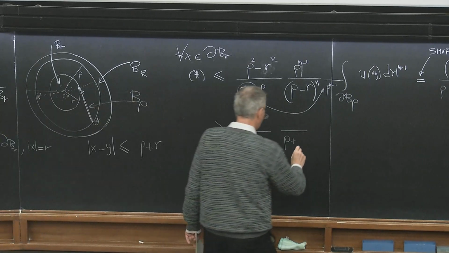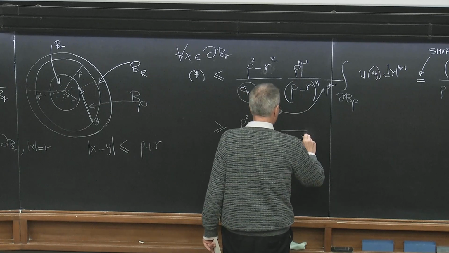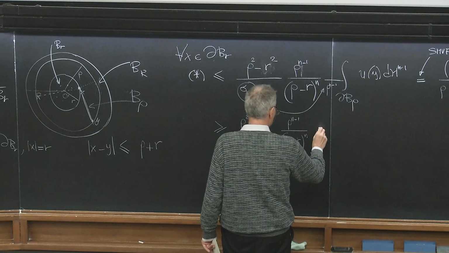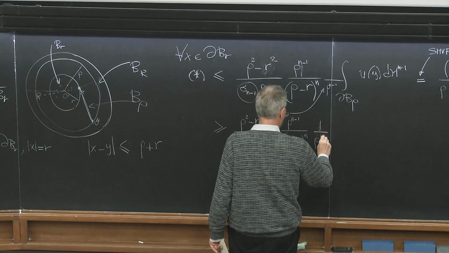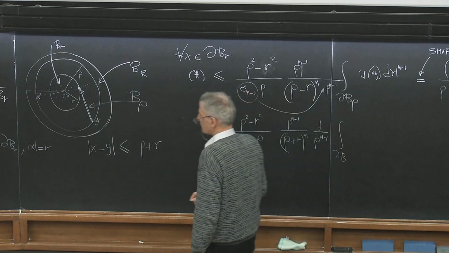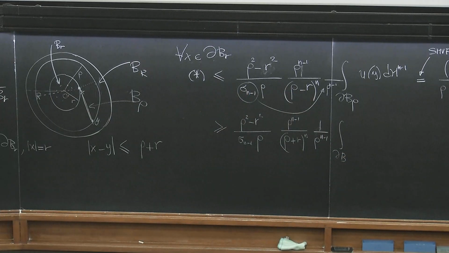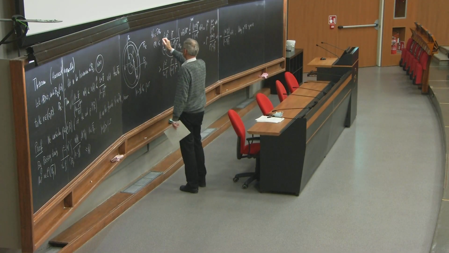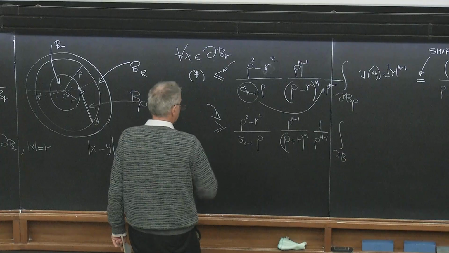Then we multiply and divide by this, as before. Here, as I said also yesterday, I'm always using this assumption. The assumption has been used in doing this inequality here and in doing this inequality, okay?